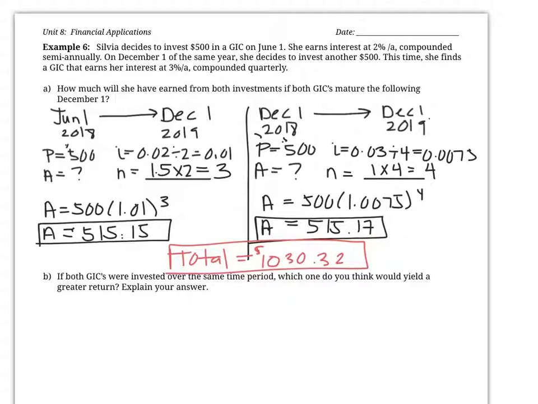The next one just says, if both GICs were invested over the same time period, which one do you think would yield a greater return? Well, that's a little bit obvious. So let's just talk about the multiple parts of this. The first one's interest rate is 2%, and the other is 3%, so obviously this one's going to win. But on top of that, this one's compounded semi-annually, which means we get interest charged twice per year, and this one's compounded quarterly, which means it's going to grow 4 times per year.